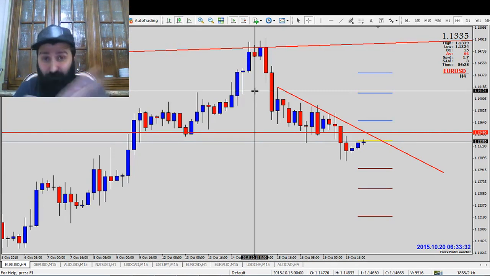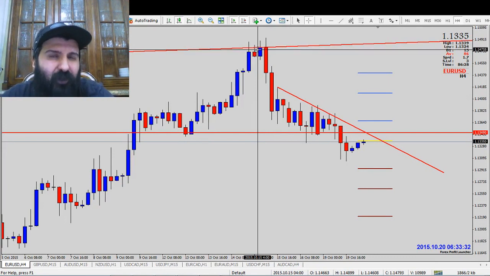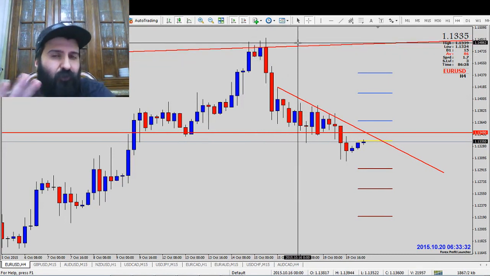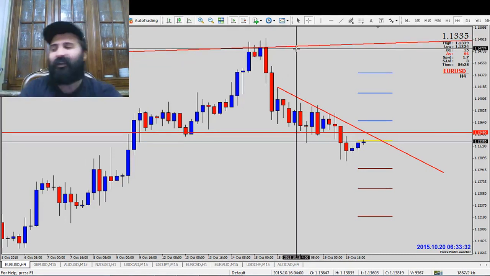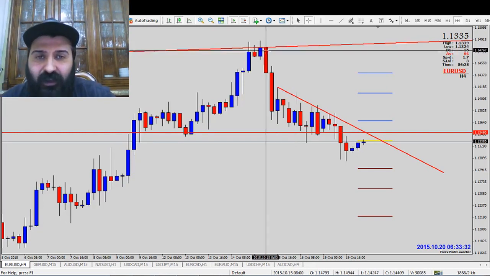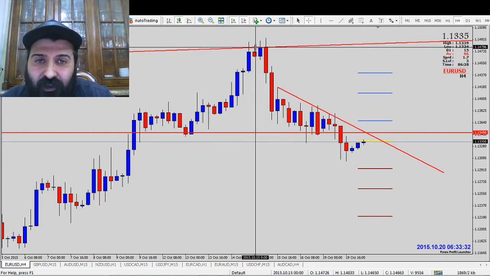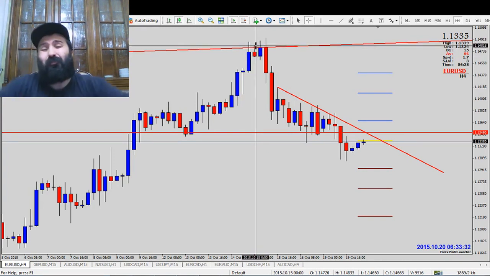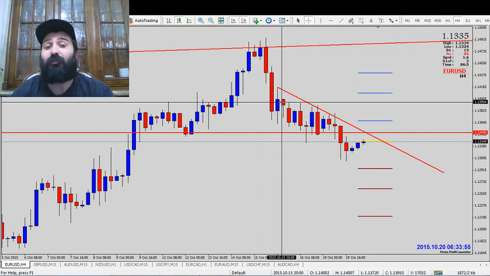Is it trying to force its way back in there, or is it going back up to the line and failing slowly? You see that, you're like, all right, there's weakness. Boom. You execute the trade right on the edge of this. So even if it pushes up against you 7, 8 pips, you can hold 7, 8 pips. You're not afraid to hold it, and then you reap the profits.